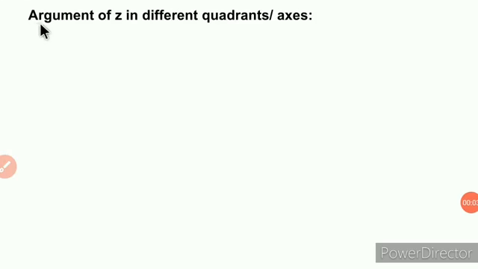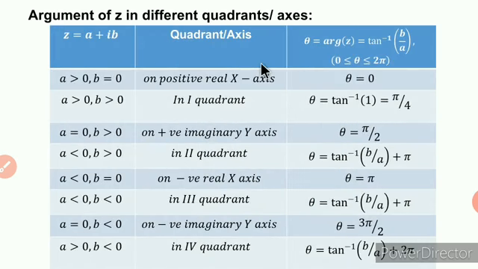Now see the next topic, argument of Z in different quadrants or axes. For that we see one table. For a complex number Z equal to A plus iB, we consider different cases for values of A and B. For those different values of A and B, we see the quadrant or the axis, and theta, meaning the argument of Z. The first case is A greater than 0, B equal to 0.